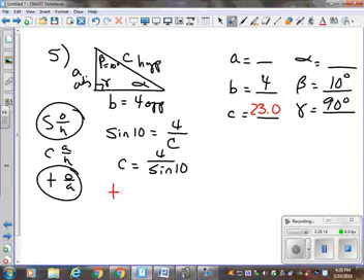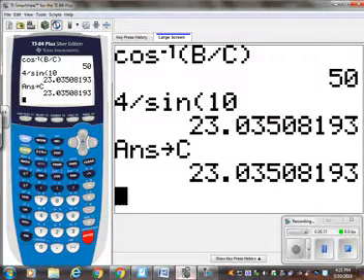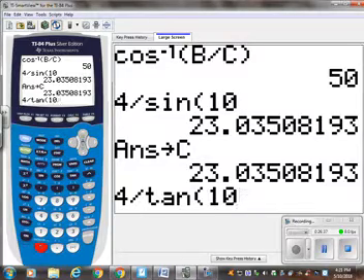Now let's do tangent. Tangent of 10 equals opposite 4 over adjacent A. And we solve this one the same way. We switch the diagonal. It'll be 4 over the tangent of 10. So I go back and I say 4 divided by tangent of 10.